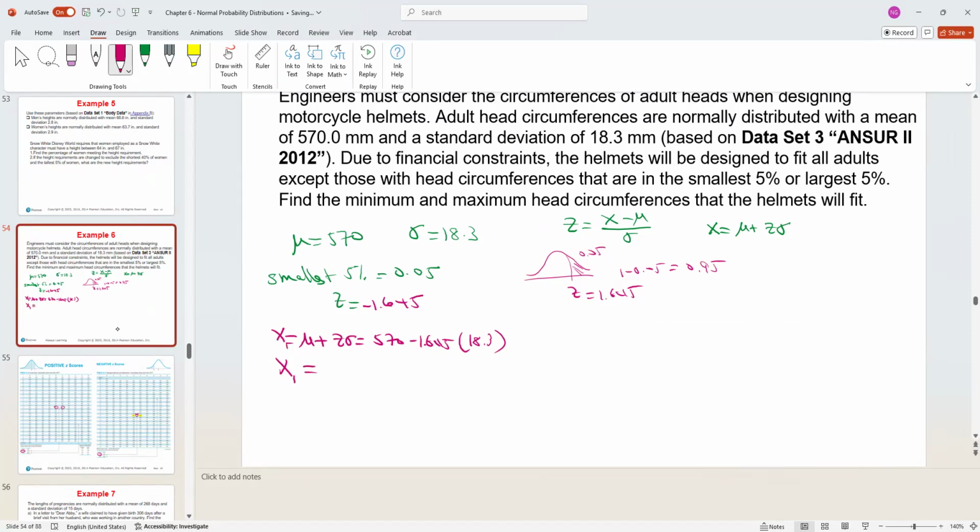What x1 would be in this case is 539.9. And if you do x2 here, the mean plus sigma z, or however you want to write it, plus 1.645 times 18.3. All right, I need to erase that.